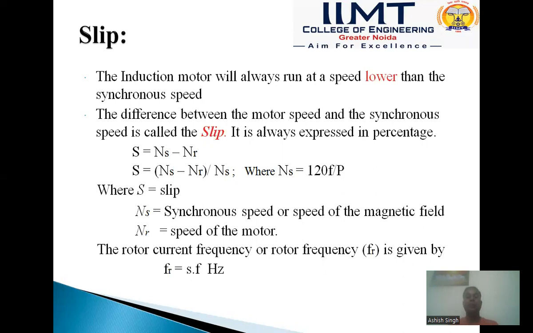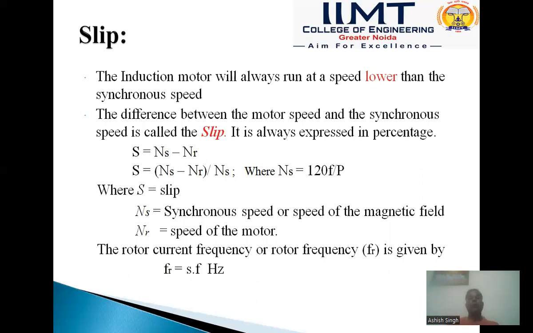So, slip can be defined as the speed difference between the rotating magnetic field and the rotor speed, that is Ns minus Nr, where the formula for synchronous speed Ns is 120 f upon P, where f is the supply frequency and P is the number of poles present in the three-phase induction motor.